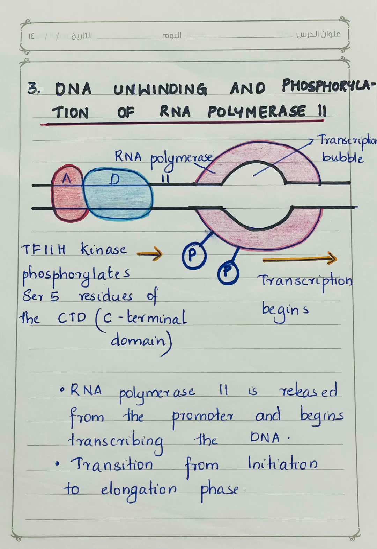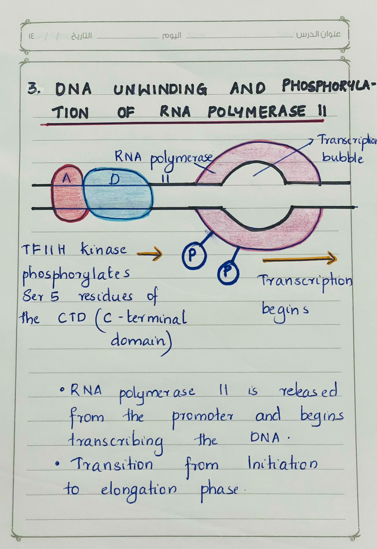C-terminal domain is a special tail-like extension that is found at the end of the largest subunit of RNA polymerase II. The C-terminal domain is made up of multiple repeats of a specific 7 amino acid sequence called the heptapeptide repeat. This amino acid sequence consists of amino acids such as tyrosine, serine, proline and threonine.